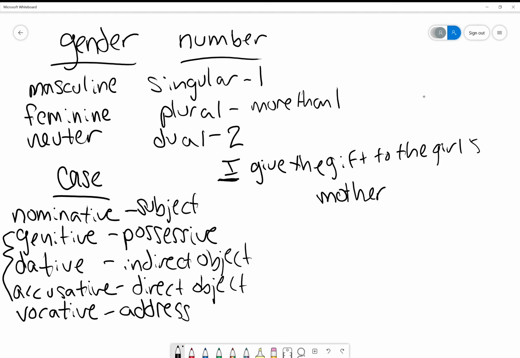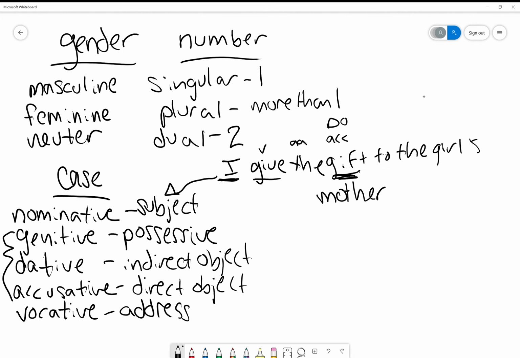I is our subject, okay? This would be equivalent to our nominative. Give is our verb, okay? The is an article adjective. Gift, this is our direct object. I am giving the gift, okay? This is going to be equivalent to our accusative. You can also say DO if you're doing English sentence diagramming.